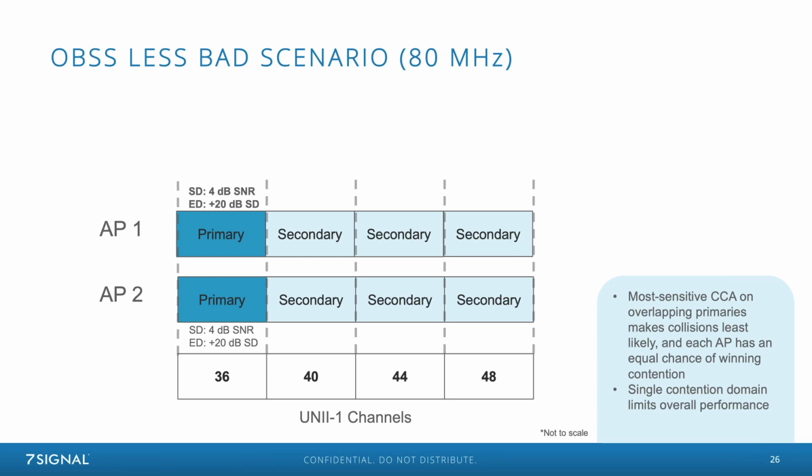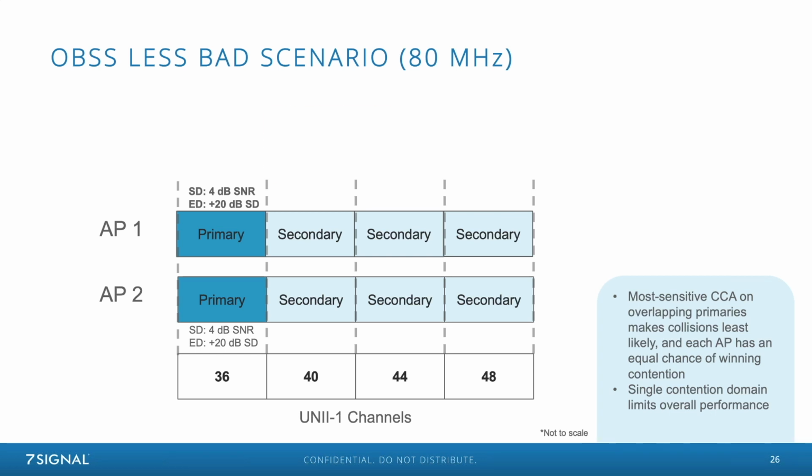We just have one big line that all the stations have to get into, regardless of which AP they're connected to, before they transmit. Because we're contending for the channel, right? We're contending for channel access, not contending for access to an access point. We're contending for access to the channel.